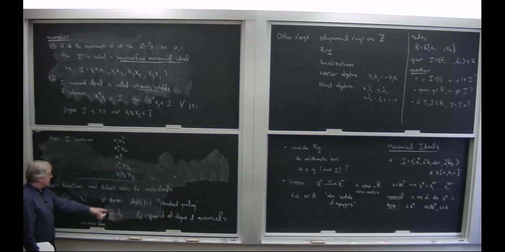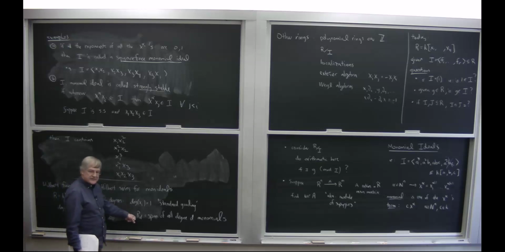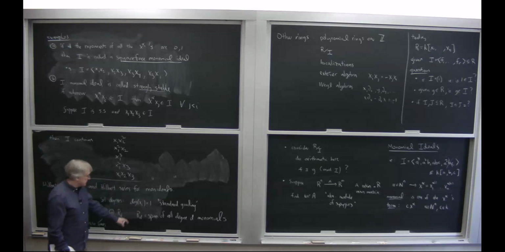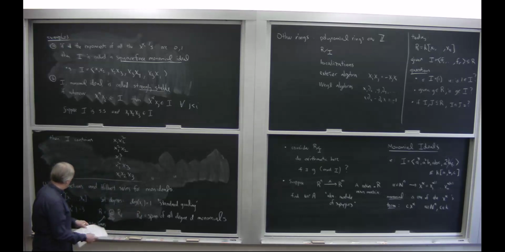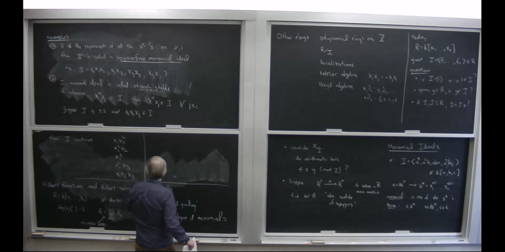And a polynomial is homogeneous if it's in one of these guys, homogeneous of degree d if it's inside of there. Okay, then the Hilbert, might as well do part of it here.